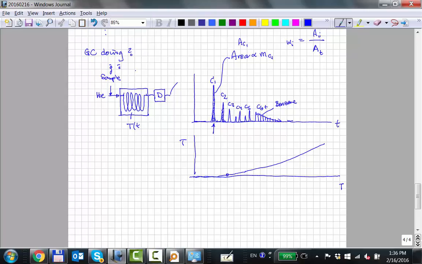And since we're analyzing the gas, this will provide, I'll label it, the weight fraction in the flash gas of component i. Any questions? That's what this gas chromatograph does. I don't know how. It's like magic.